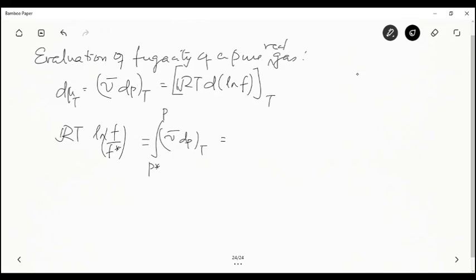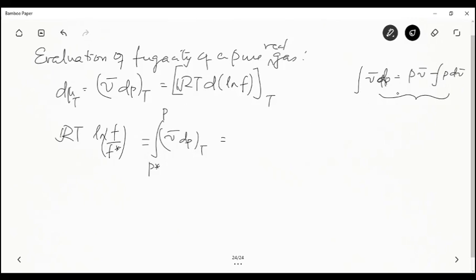And if I write this expression, the integral of v dP, by integration by parts, is equal to Pv minus integral of P dv. Okay, so this is the expression that we'll write by doing an integration by parts formula.